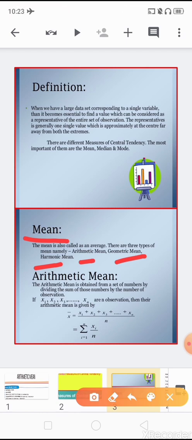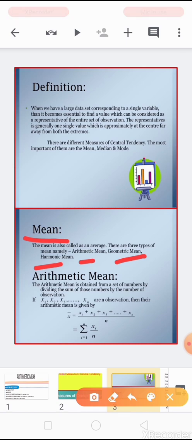The arithmetic mean is obtained from a set of numbers by dividing the sum of those numbers by the number of observations. If x1, x2, x3, x4 and so on up to xn are the n observations, then the arithmetic mean can be obtained as x bar.